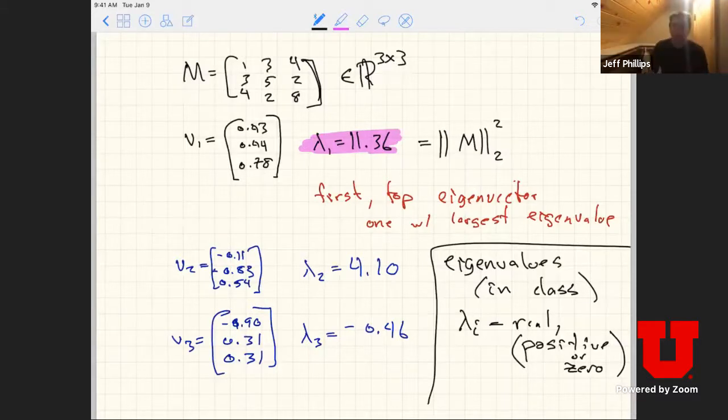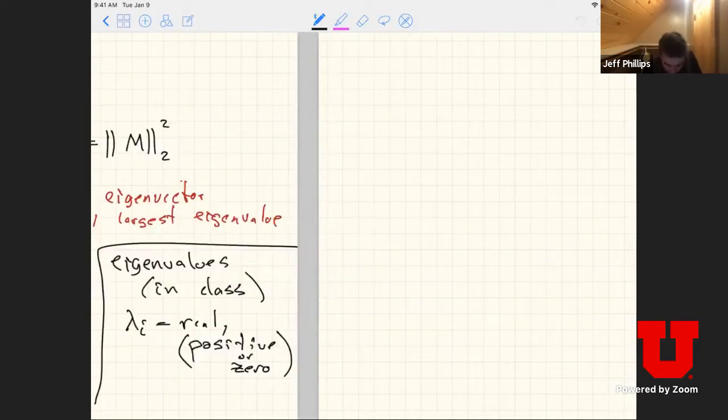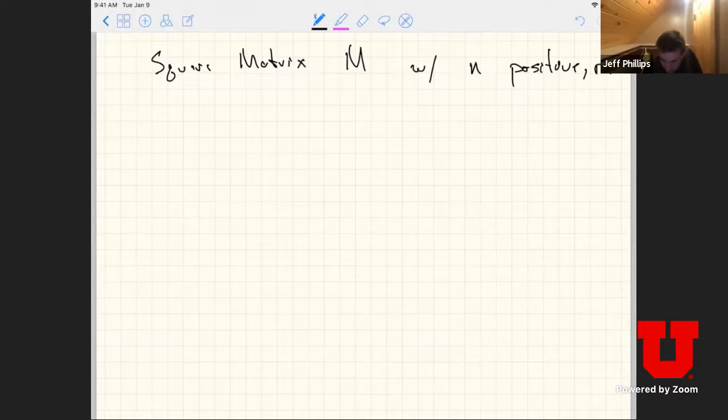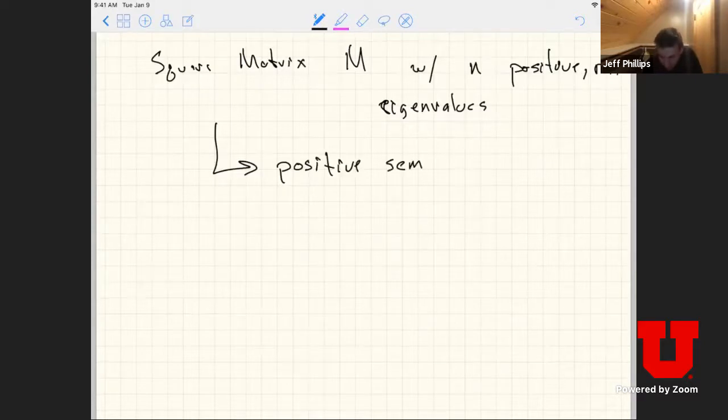Okay, so if I have a square matrix M with n positive and real eigenvalues, then that means it's this condition called positive definite.